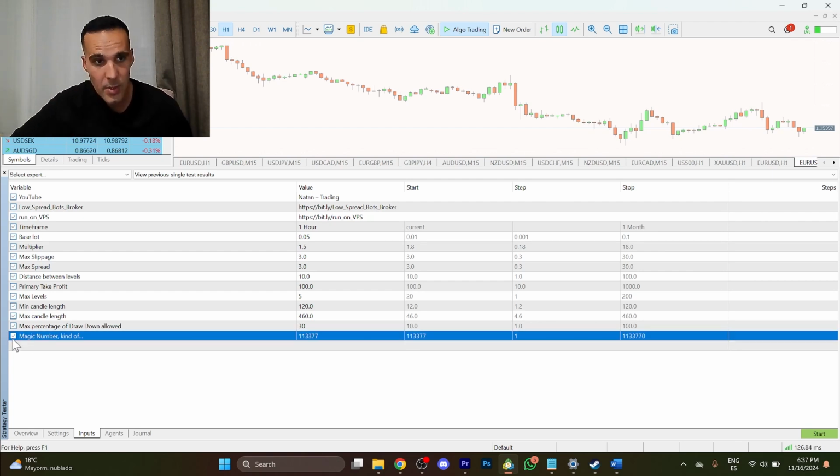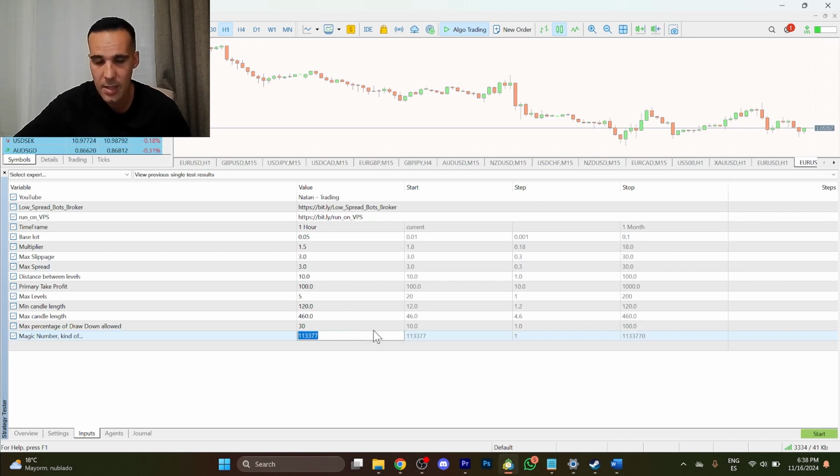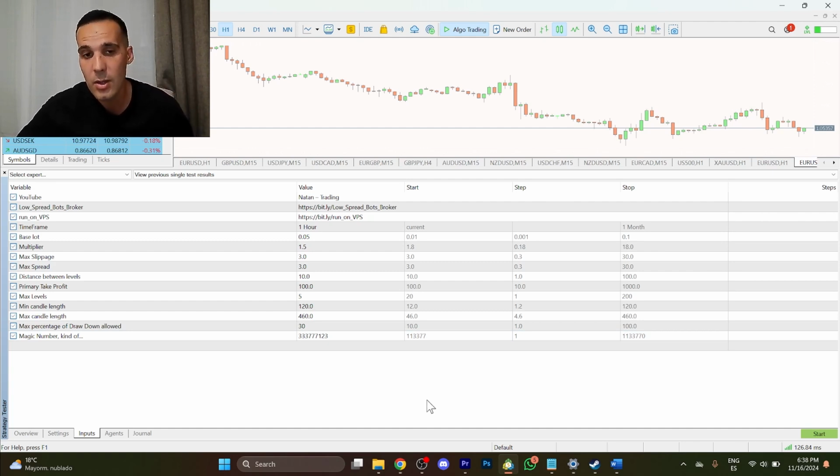Okay. The last one, magic number. Any kind of bot on MetaTrader has its own magic number. This magic number can be changed anytime. You can put this one, for example, 3337777 1 2 3 4, and this is just a way for the bot to know which trades are its own trades.